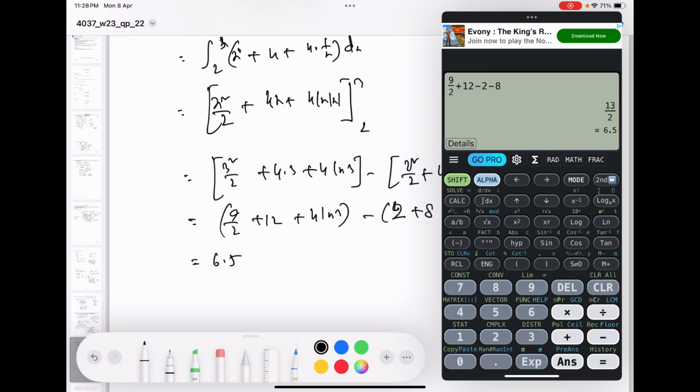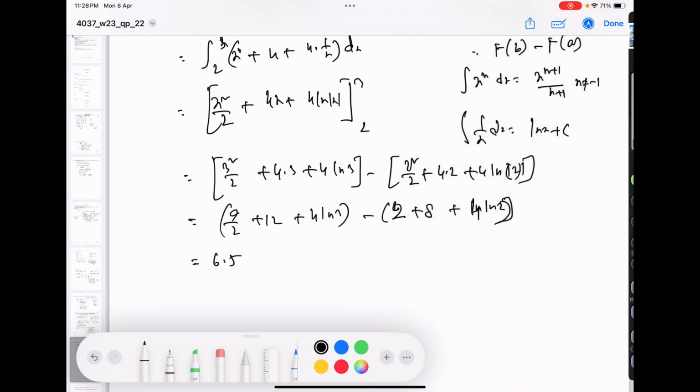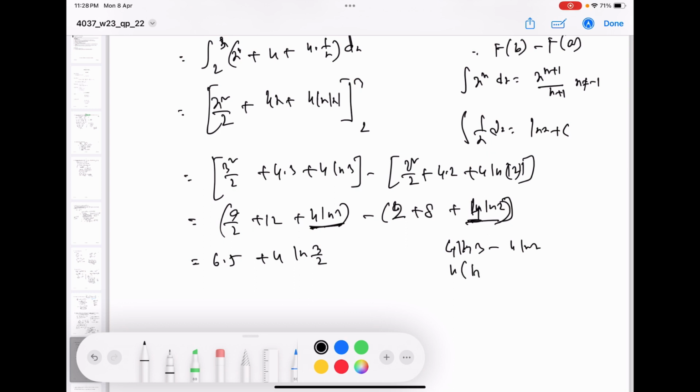Then 4 is common: 4 ln 3 minus 4 ln 2 is 4 times (ln 3 minus ln 2), which is 4 ln 3 by 2. Okay, fine. This is the answer for this question.